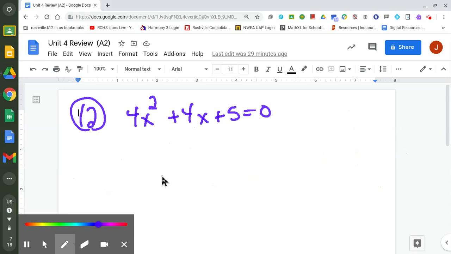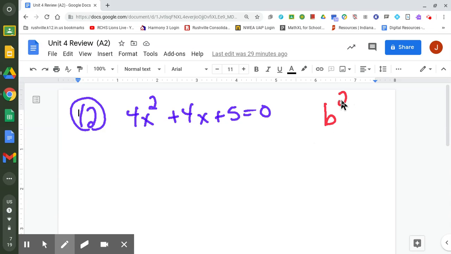Number 12 is just like number 11. You're asked to find the discriminant, which is b squared minus 4ac. So my b here is 4, so 4 squared minus 4 times a is 4 times c is 5.